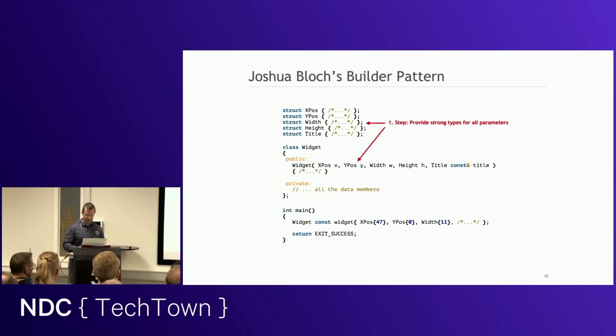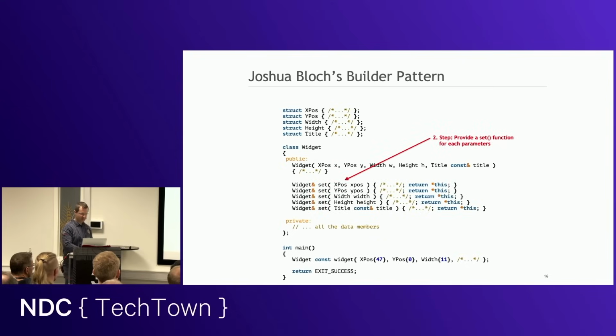So now that we have these strong types, what you can provide are set functions. So set functions for the xpos, the ypos, etc., etc. Note in particular that these functions are all called set, not set xpos, set ypos. No. All of them are called set, so we're consistently using function overloading here. And that is the key now.